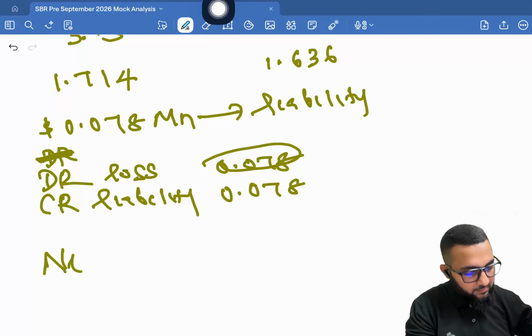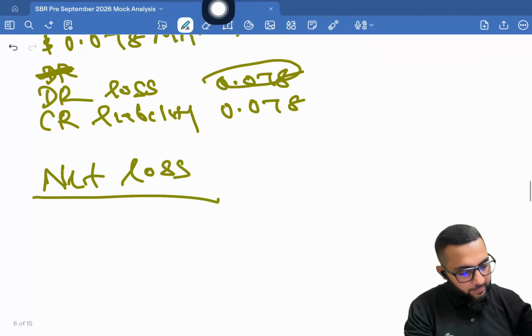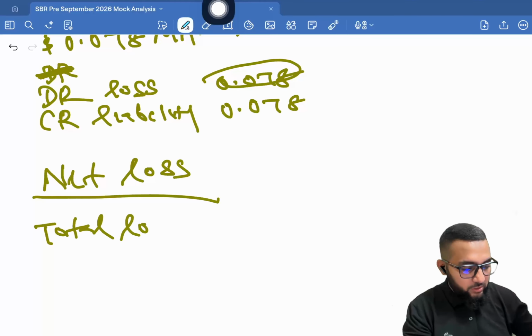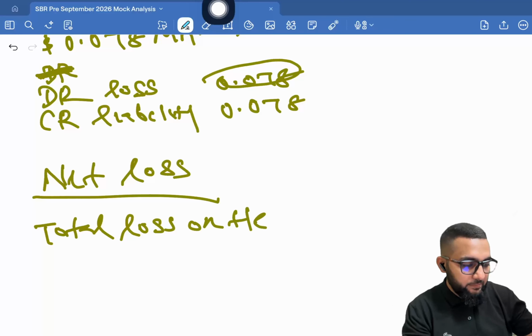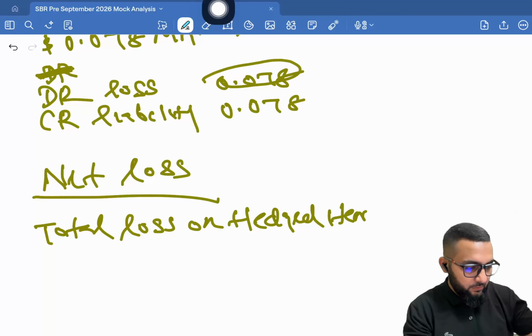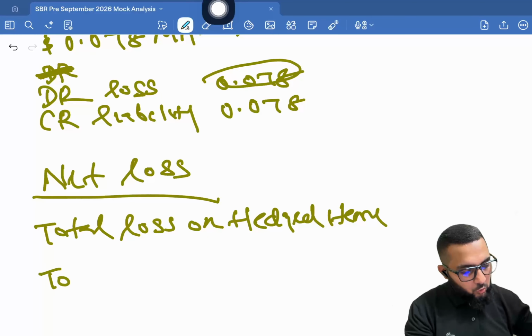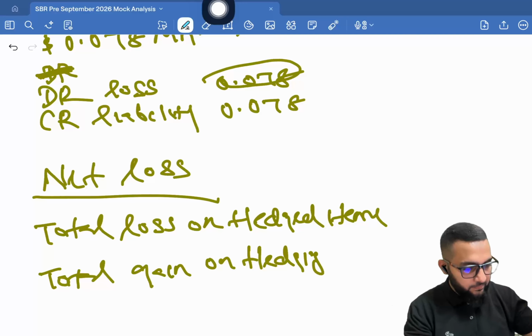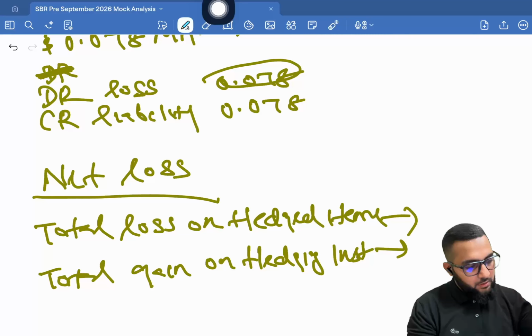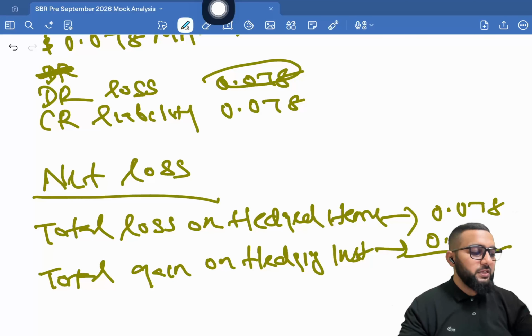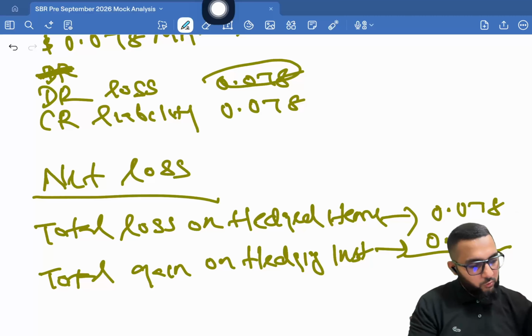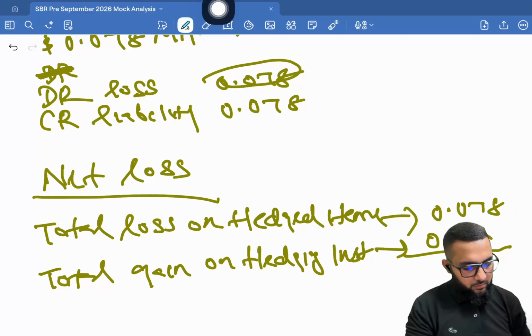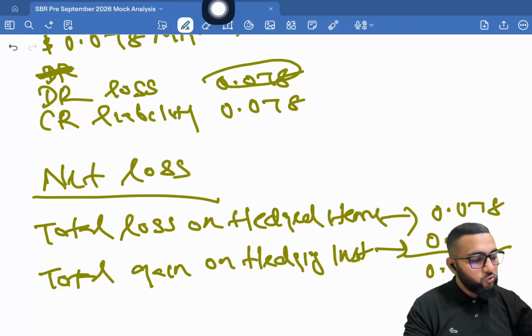Net loss is going to be the total loss on the hedged item and the difference between total loss and total gain on the hedging instrument. 0.078 minus 0.04, so there is going to be a total net loss of 0.038.